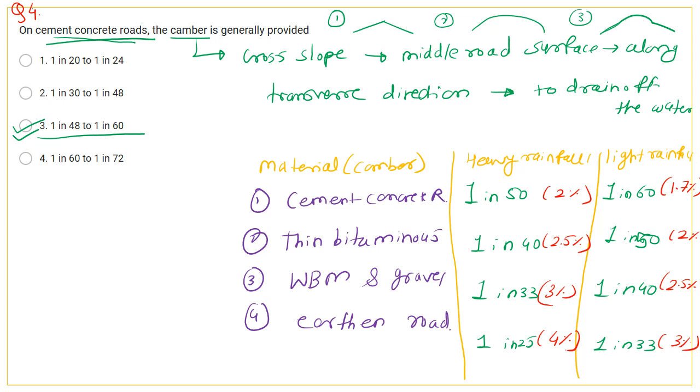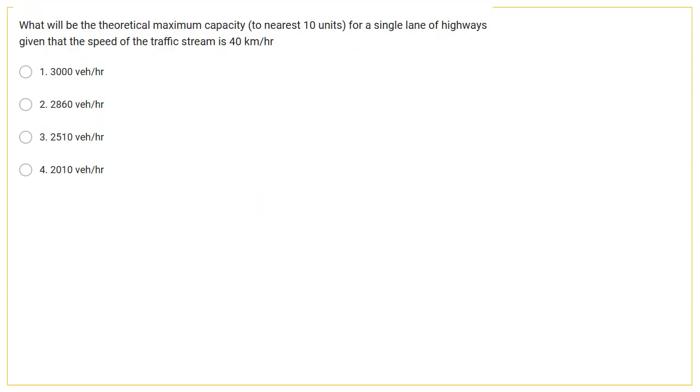Next question, question number 5. What will be the theoretical maximum capacity to the nearest 10 units for a single lane of highway, given that the speed of the traffic stream is 40 kmph, 40 kilometers per hour?